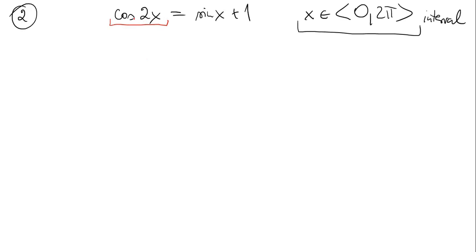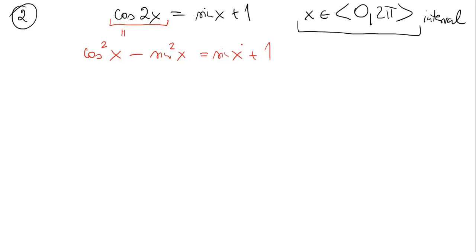Okay, this is a very simple kind of equation. During the Matura exam, there were a few very similar ones, and these are equations where basically you can use substitution and create a quadratic equation, and then solve it, right?